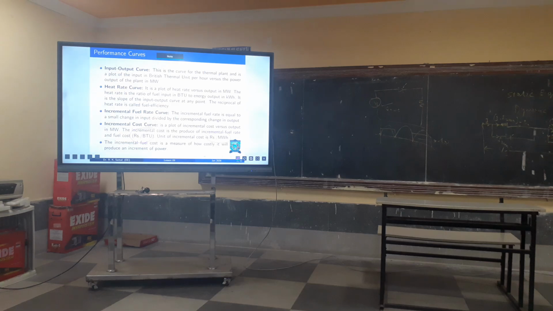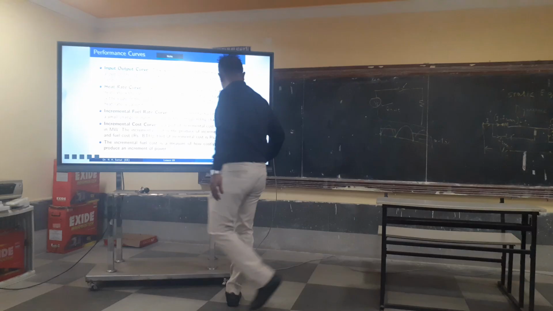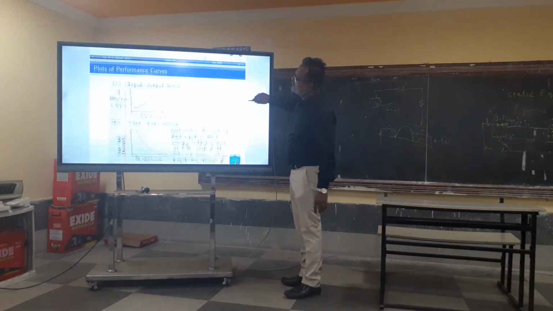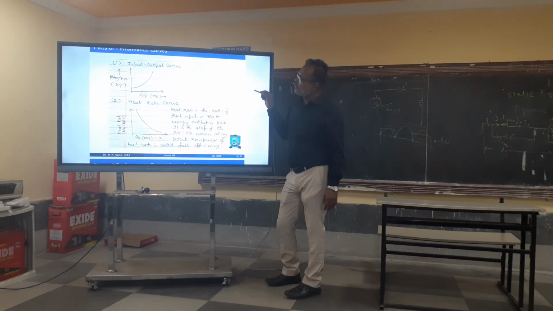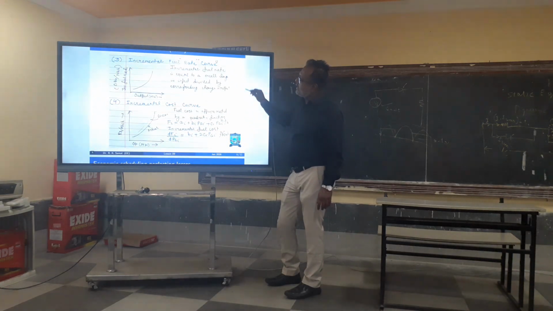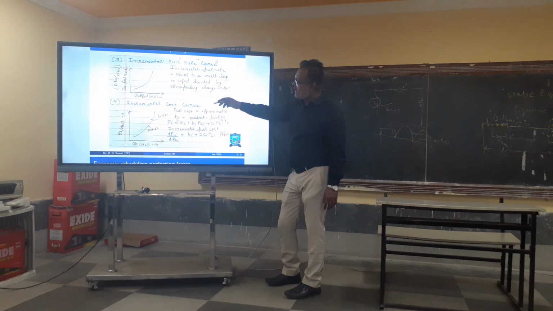This is the theoretical method, okay, of economic dispatch. Now you have to solve the problem. Okay, after I give you the formula, you have to solve the problem. So be careful. Okay. So these are those curves that I talked about: input-output curve, heat rate curve, incremental fuel rate curve, and incremental cost curve. Okay.